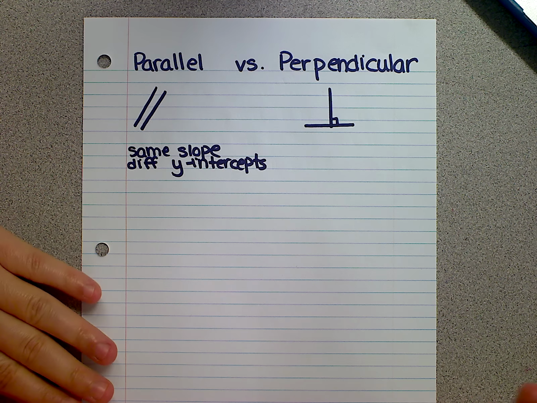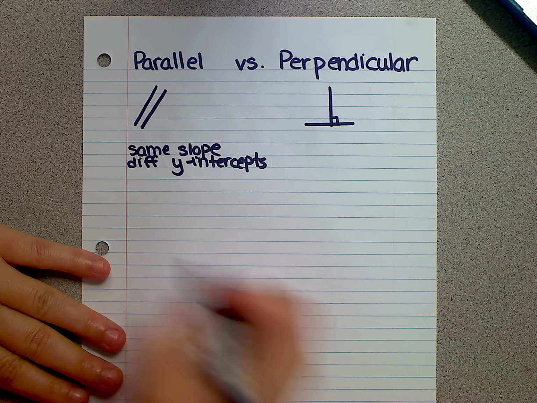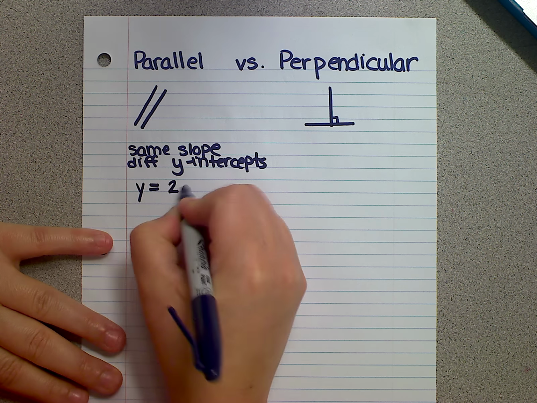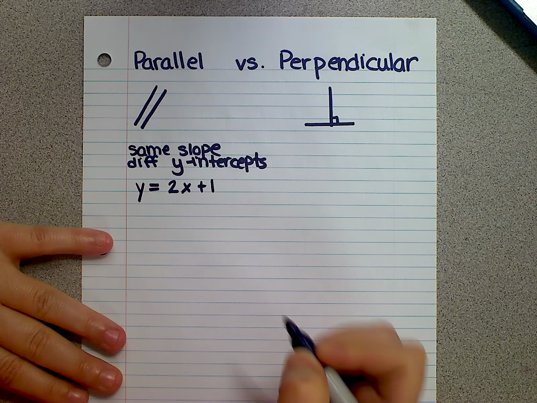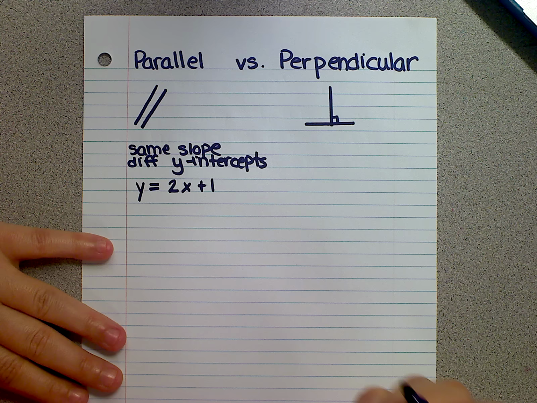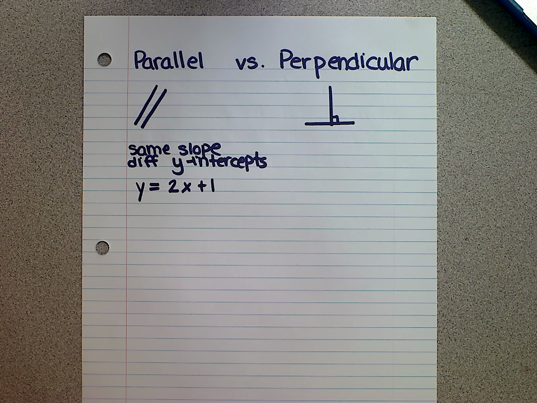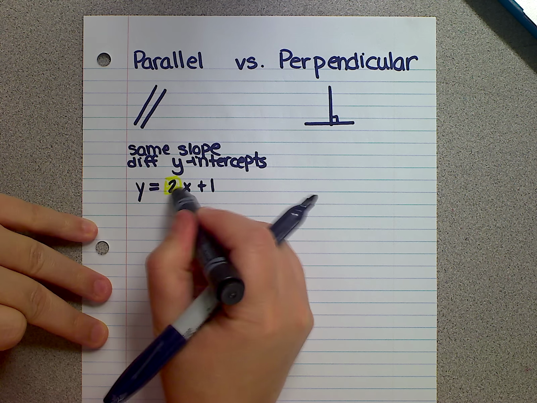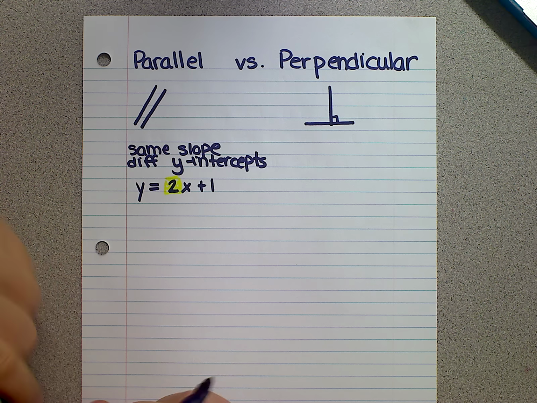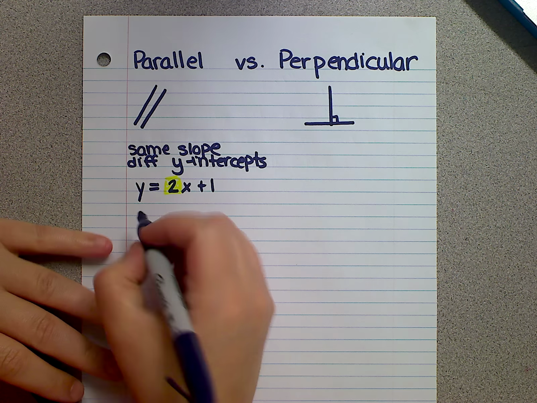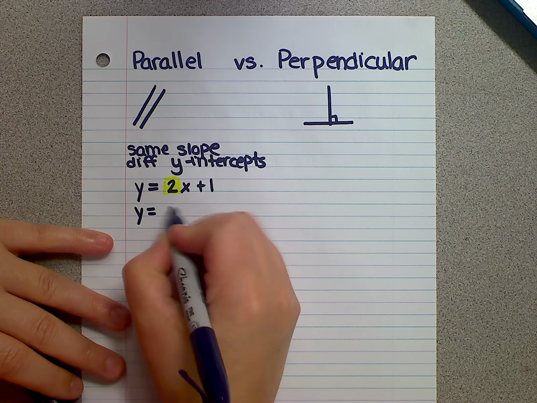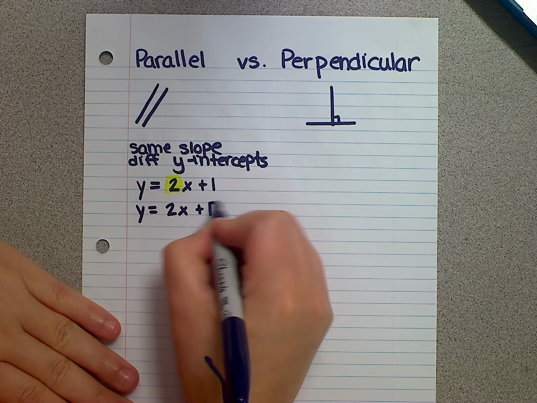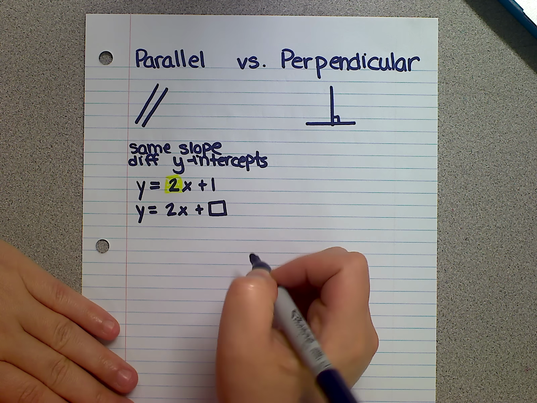So let's do an example of parallel lines. An equation of one line might say y equals 2x plus 1. So a line that would be parallel to that must have the same slope, this number right here. We've talked about that the slope is the number in front of the x. So as long as our equation says y equals 2x plus any number other than the number 1, we're in great shape.